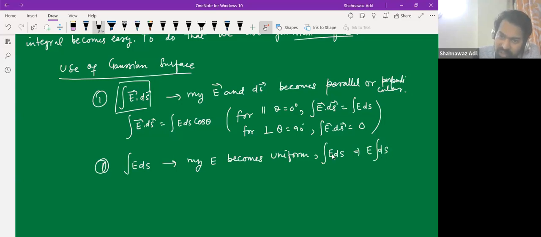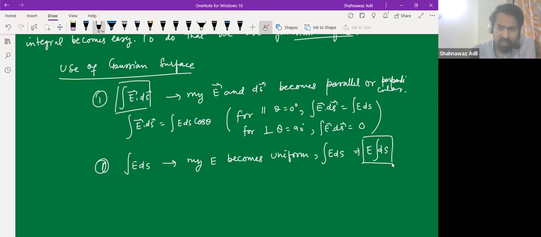Because it is uniform, it is constant, so I can take it outside and then I just have to integrate the surface area. Is this clear, guys? These are the purposes of these Gaussian surfaces.